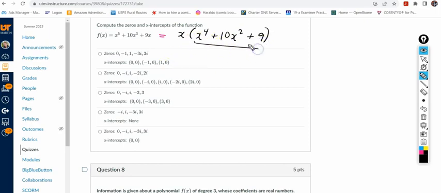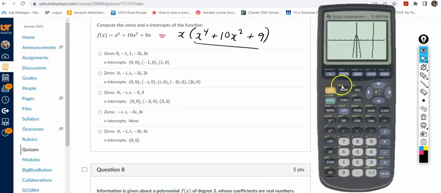And let's look at this one on the graph. So I'm going to have x to the fourth plus 10x squared plus 9.